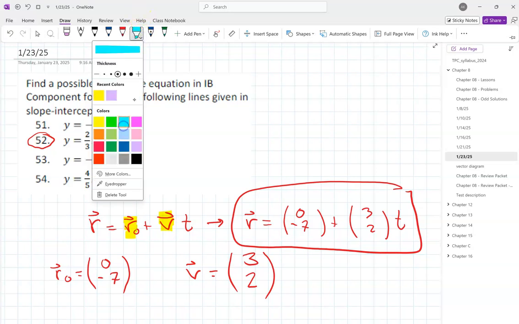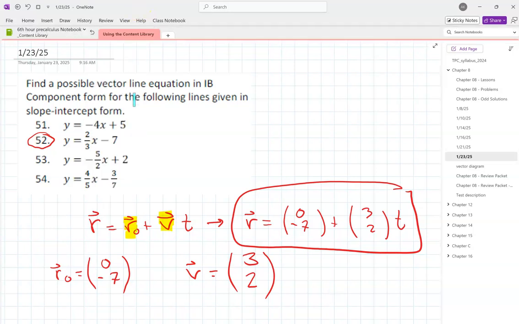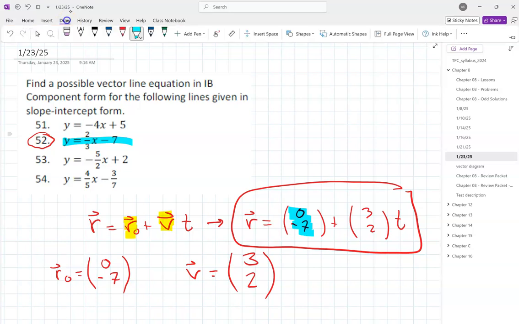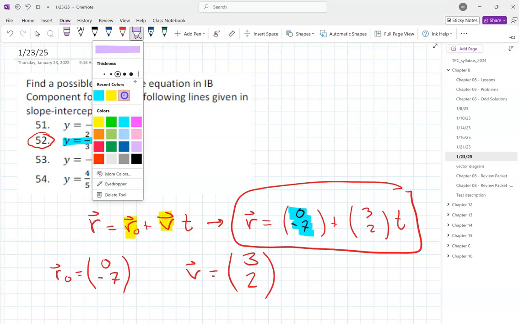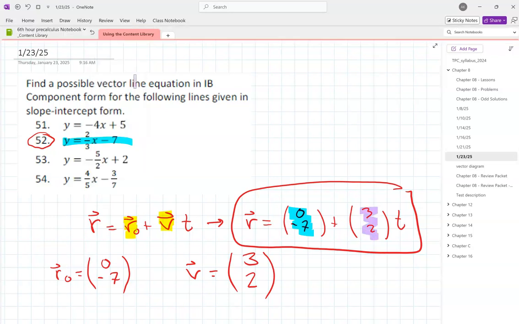Now, it says all possible because the point vector could be any point on the line. So any point on this line is fine to put there. I don't know why you'd use anything other than the y-intercept, but you could. And the slope vector could be any scalar multiple of 3, 2.